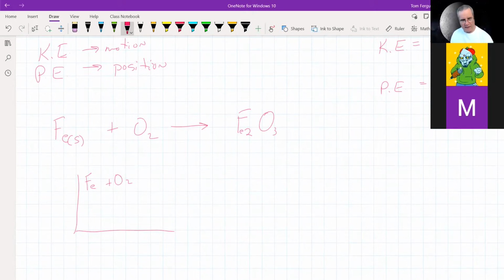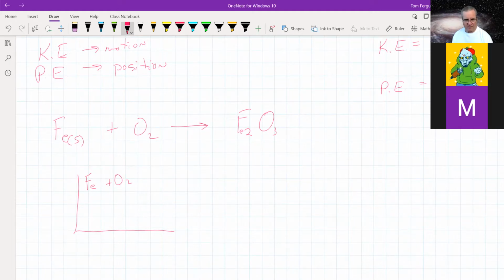So we start with iron and oxygen. And does this happen naturally, or do we have to do something to make the rust happen? Submerge it in water so it doesn't happen naturally. When you drop a shiny nail into the water, what happens naturally? Rust.